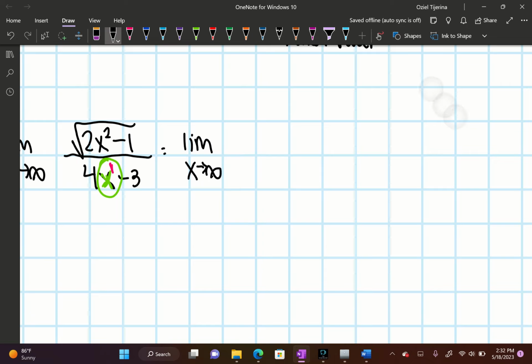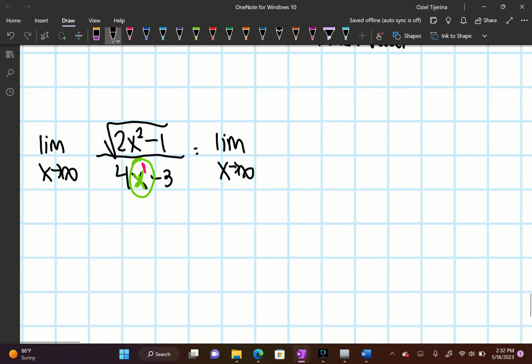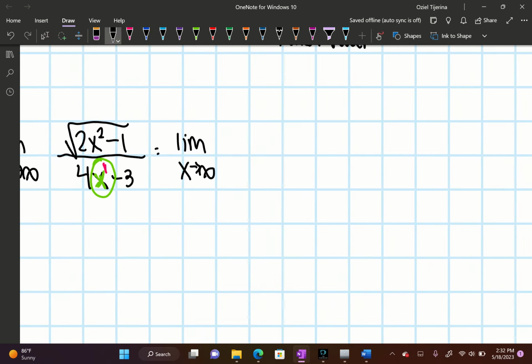We're going to divide by x on both the top and the bottom. So the top is the square root of 2x squared minus 1, and we're going to divide it by x.